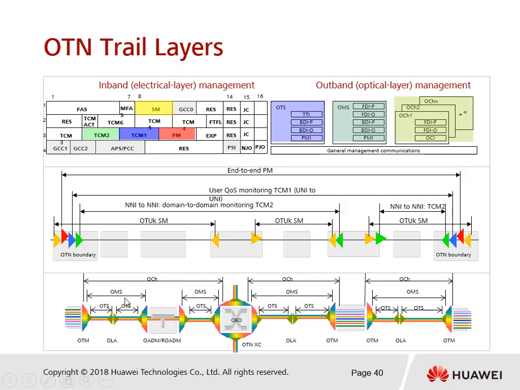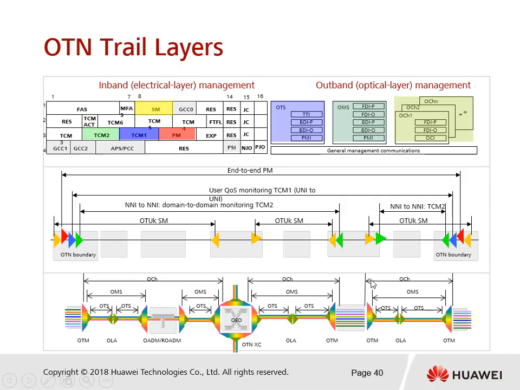From this configuration, for example, we need to transmit the client services from the OTM to another OTM. For this topology, we have 3 OCH from this OTM to this OTN cross connection. So this is one OCH. Another OCH is between here.